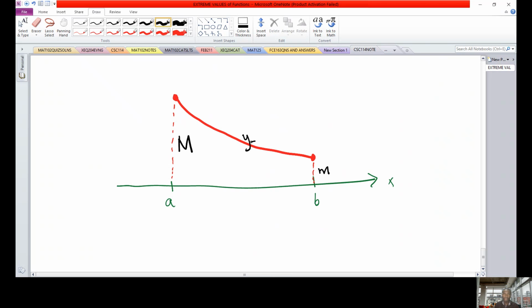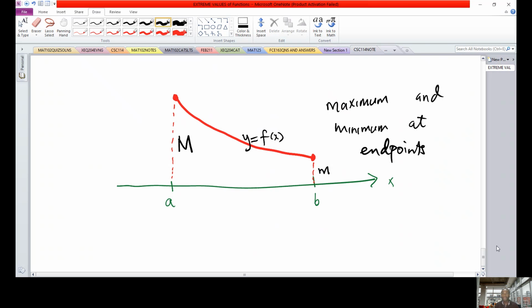So this is the y equals f of x. So for this case, we have maximum and minimum at endpoints. So we see the maximum is at A, minimum is at B.